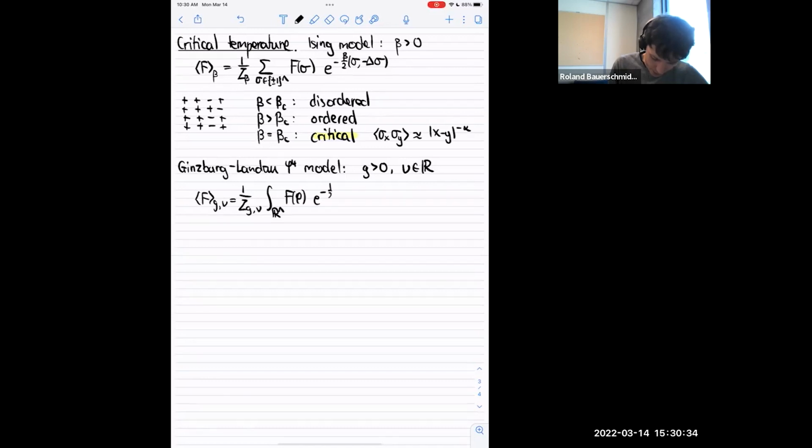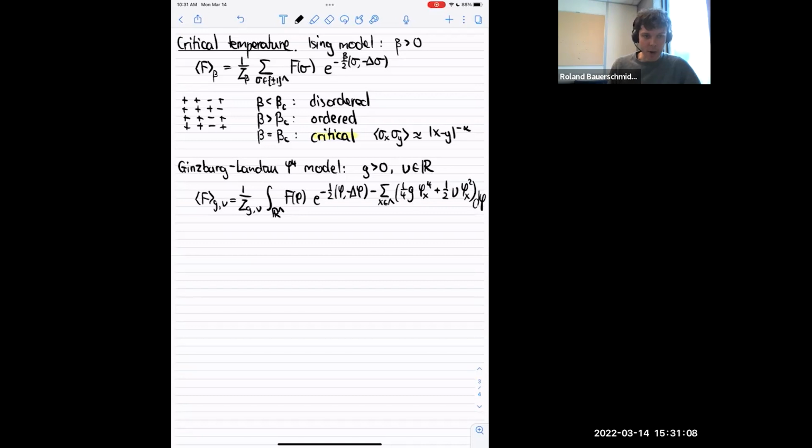There's again the same Dirichlet energy term, except I'm not putting a parameter beta in front of it, and since the spins are continuous, you can always scale it out and put it into the following two coupling constants: there's a term g phi to the 4, and there's another term nu phi squared.